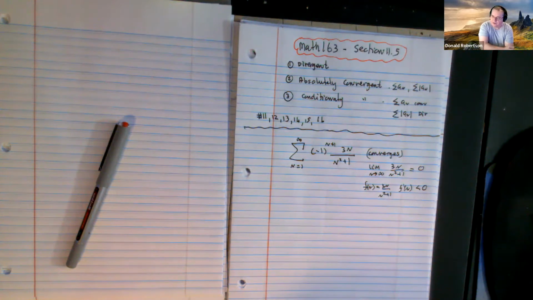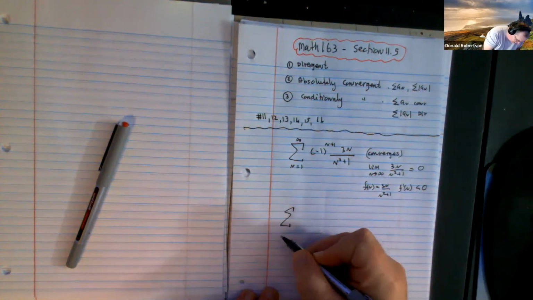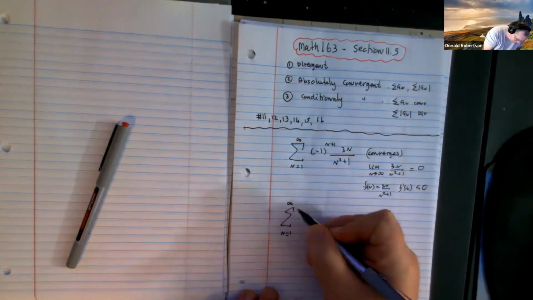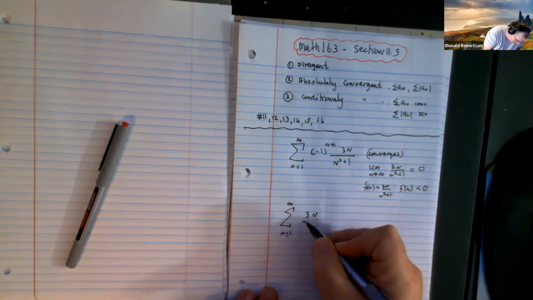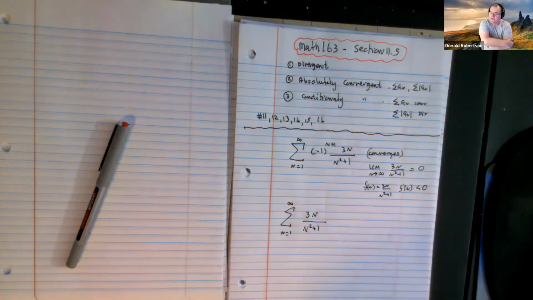So far, so good. Now, you take the same series and you make everybody positive. Once the alternating part disappears, aren't you now looking at a positive series, a series with nothing but positive terms in it? So far, so good.